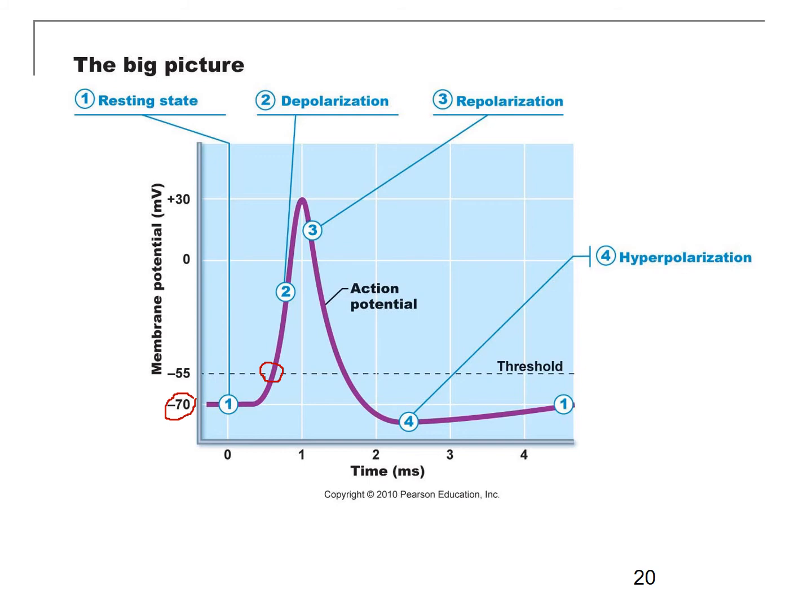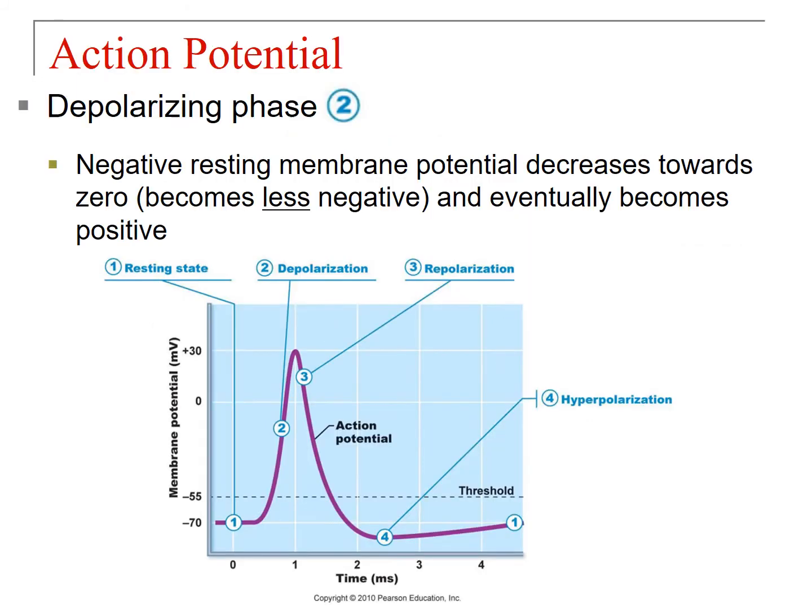You'll get these phases called depolarization, repolarization, and hyperpolarization occurring. We'll go into more detail about that in just a little bit. And then from hyperpolarization, you see some things happening that return us to threshold. And again, I'll explain those details on later slides. Okay, so let's talk about the depolarizing phase first.